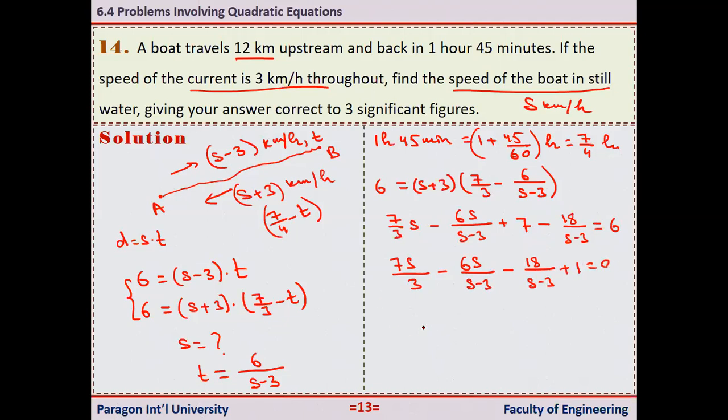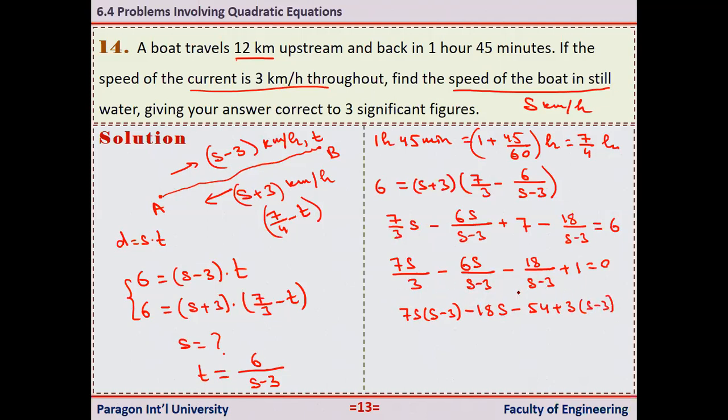Now the common denominator is 3 times s minus 3. So from here, I need to multiply by s minus 3: 7s times s minus 3, minus, this one we should multiply by 3, that is 18s, and minus, we should multiply by 3, it is 54. This one we should multiply by 3 times s minus 3.